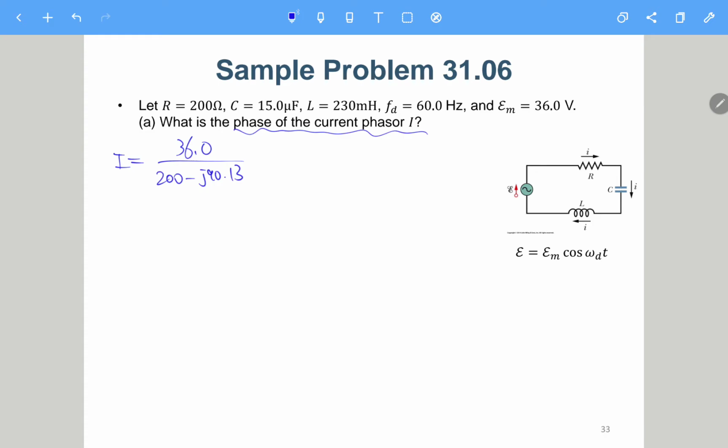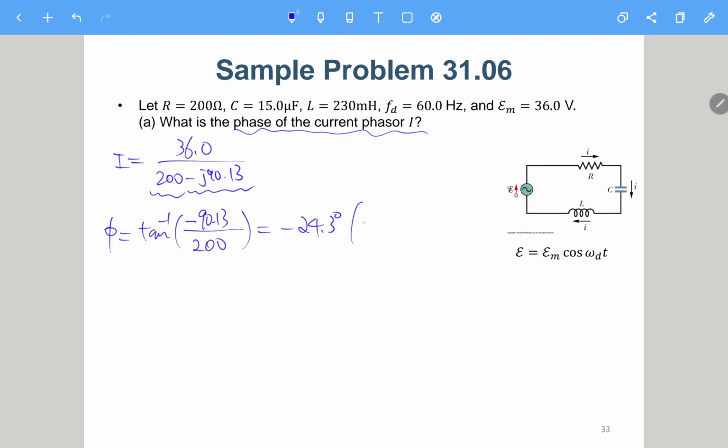Okay, so we need to calculate the phase. So the phi is nothing but arctangent of the imaginary part, which is negative 90.13, over the real part, which is 200. Okay, so this will be a negative number. So this is actually negative 24.3 degree.